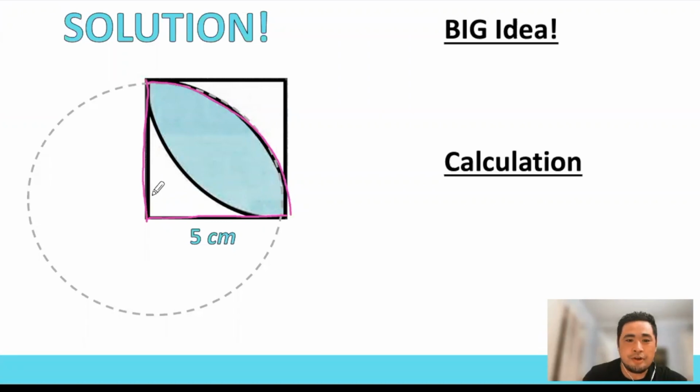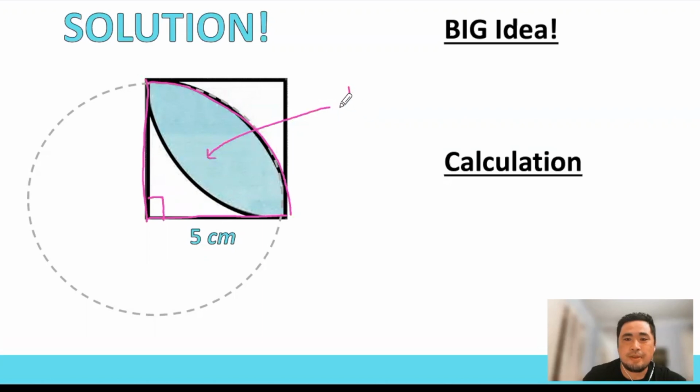And going further, because the outside diagram here is a square, we know that it creates a 90-degree angle, which means that because there are 360 degrees in a circle, this pink region is equal to exactly 1/4 of the entire circle.